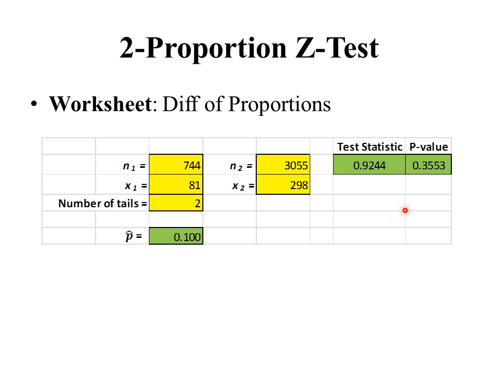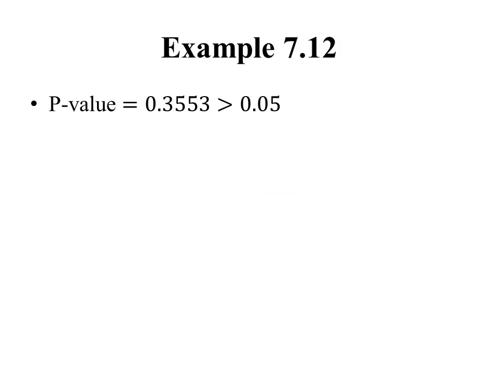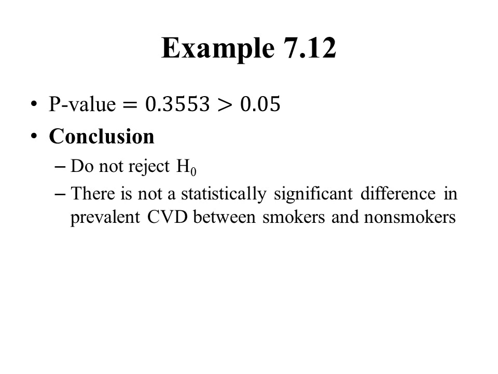Here's our test statistic, 0.92. This is a z-score. And then here's our p-value, 0.3553. Now we're going to interpret that p-value in the same way as every other p-value. Compare that to alpha, which is 0.05. In this case, the p-value is much greater than 0.05, and so we do not reject the null hypothesis.